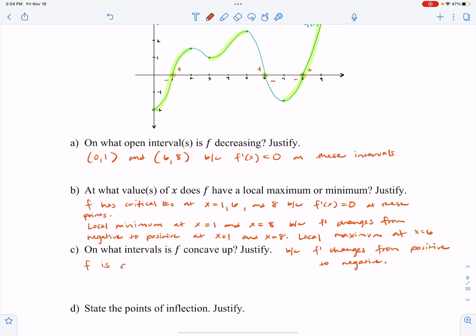f is concave up on the interval from 0 to 2, 3 to 5, and 7 to 9, because f double prime is greater than 0 on these intervals.